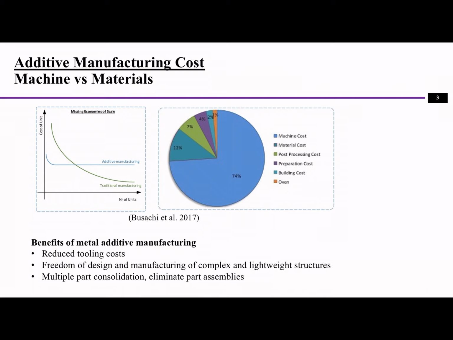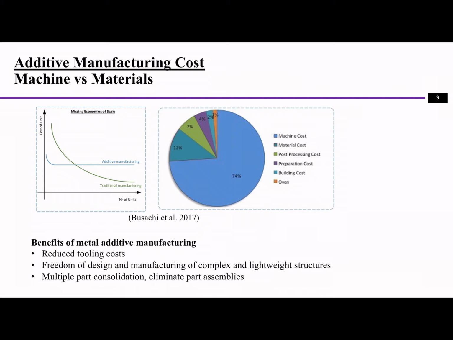Also, the design freedom is better than traditional manufacturing because we can create very complex shapes that are so difficult to make in traditional machining or other processes. For example, in casting, you have to create all these molds in order to make those.